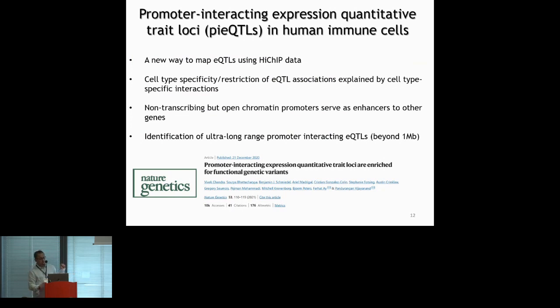We have identified promoters that don't drive expression of the canonical gene themselves, but do serve as enhancers through looping to other genes, which I think is becoming more and more commonly appreciated: being a promoter or an enhancer is a kind of spectrum.